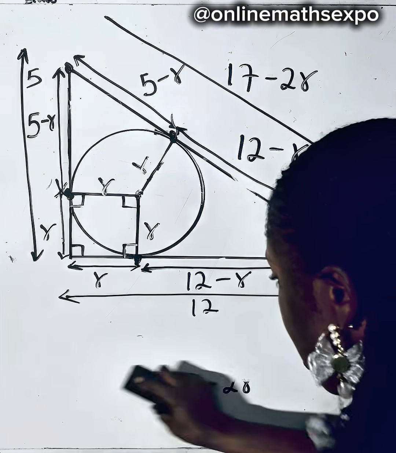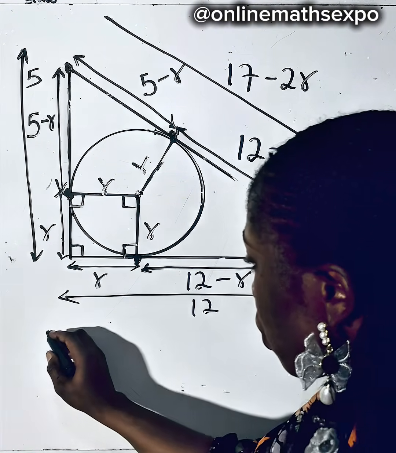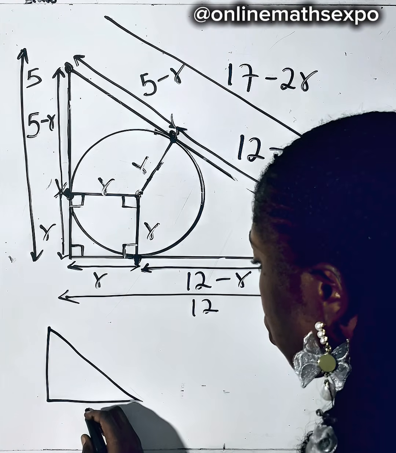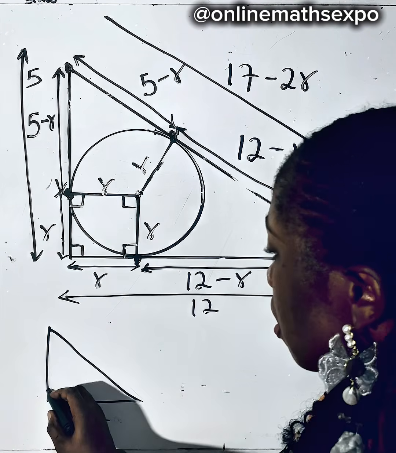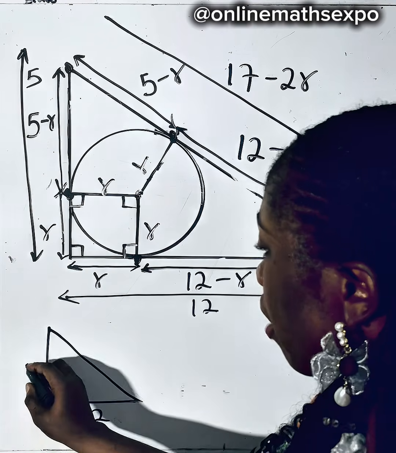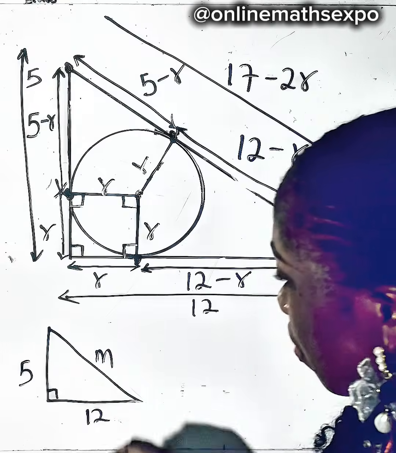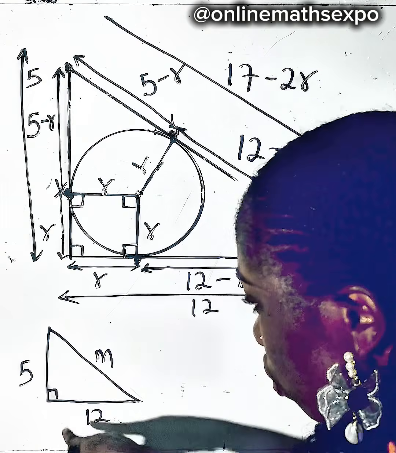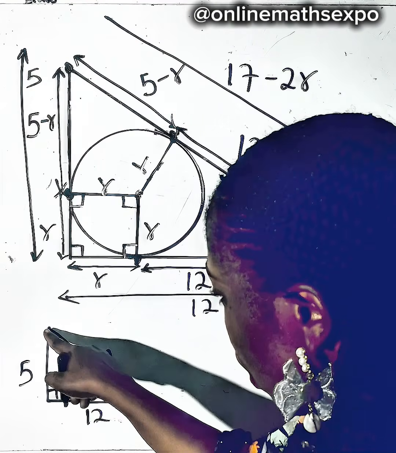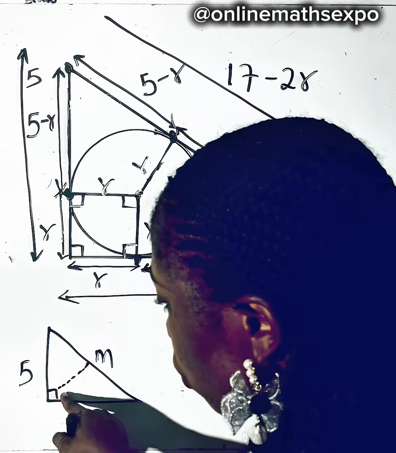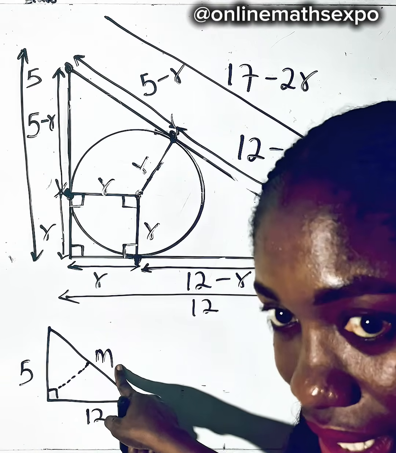So we can bring out the original diagram, which is this. This is what it looks like. So here measures 12 units and this length measures 5. Let's quickly get this. Let's say it's m. So what do you do? This side is the longest side, opposite to the right angle. So what you do is square this side.